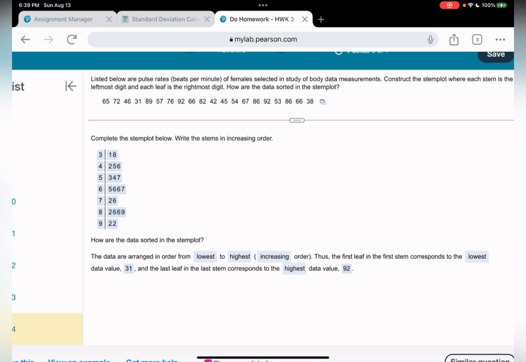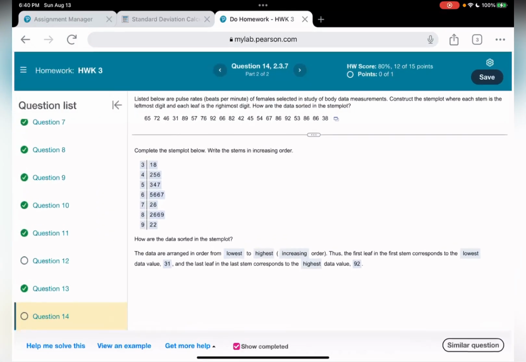That's the first leaf in the first stem. It's going to be the lowest one, right? It's going to be the minimum. In this case, it's going to be 31. And the maximum, the highest, is going to be 92, correct? I hope I explained well, but if anybody has hesitations or questions, I am one phone call or one text message away from you.